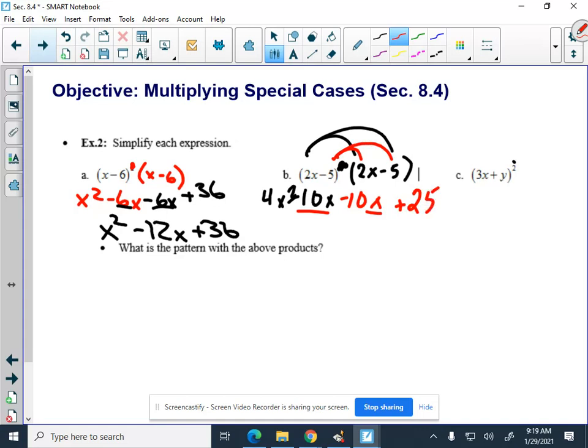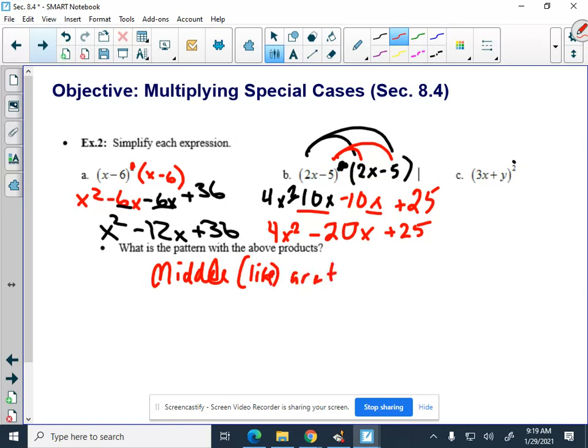Those two are always the same, but if they're always the same, it's just the negative 10 times 2. It's just double. The middle terms, or the like terms, are the same and double when you put them together.